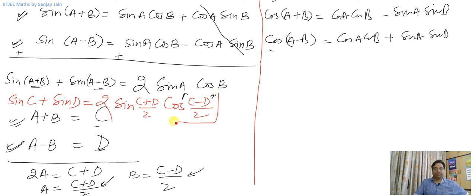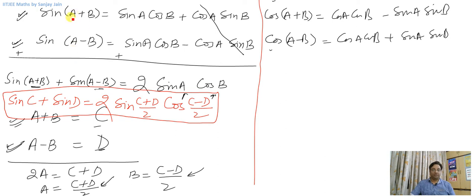This is a very important formula which we have derived using the previous formulae that we have learnt by now, right? Similarly, we can derive a formula for sin c minus sin d also.